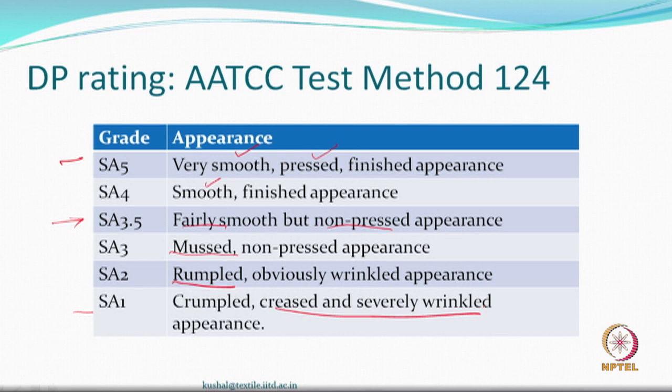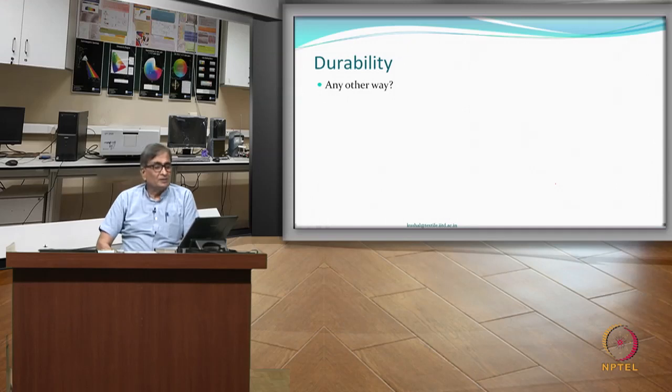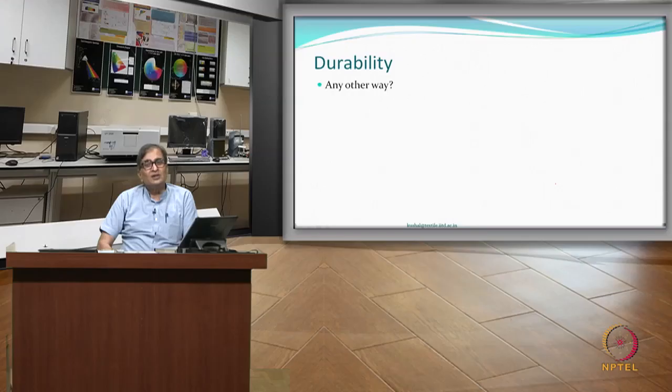So, this is one way in which one can look at the fabric's performance as far as wrinkle recovery is concerned. And then what do we do? Is there any other way you can measure? Well, by again washing, and instead of going for wrinkle recovery, you can also see the durability, in the sense that you look at the crease recovery angle, do 5 washes, and look at the crease recovery angle again.